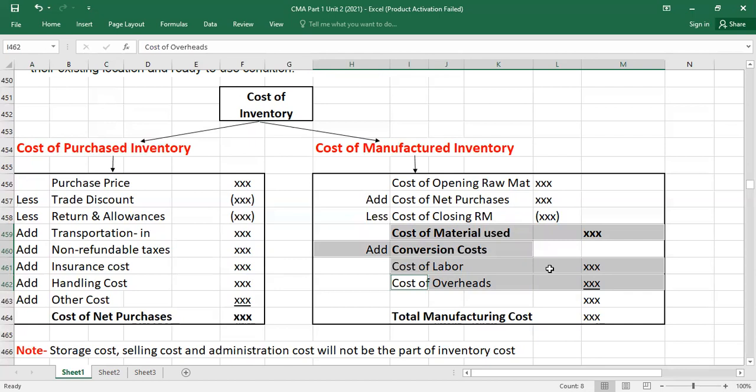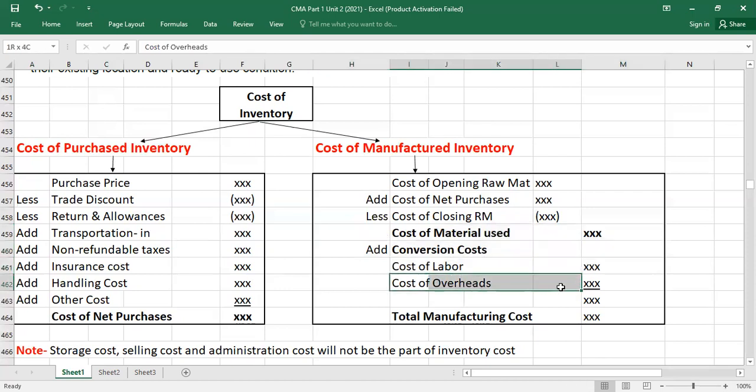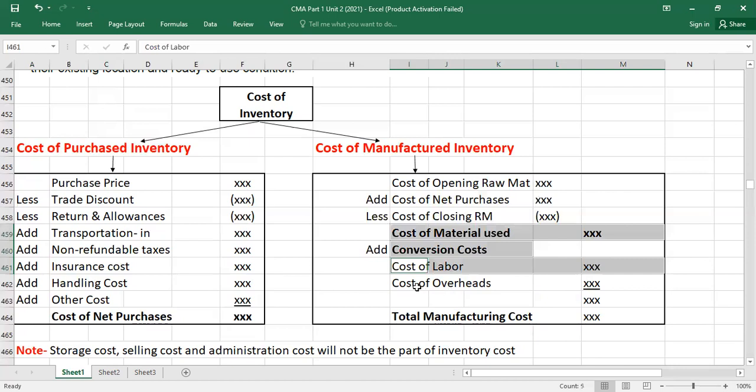So those are called overheads. Like it could include cost of rent, insurance, factory plant and machinery. Okay, so these costs will be part of the cost of overhead. So if you take cost of material used plus conversion cost, I mean to say cost of labor and cost of overhead, this is how you can calculate the total manufacturing cost.